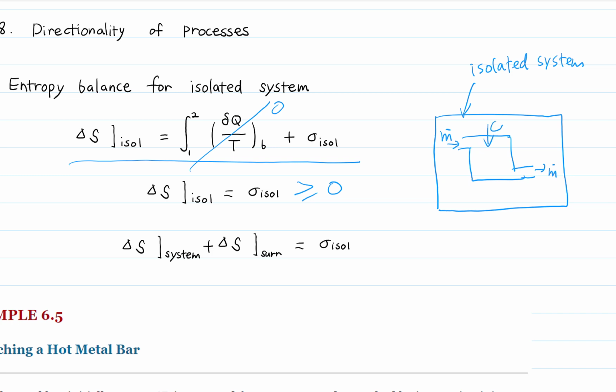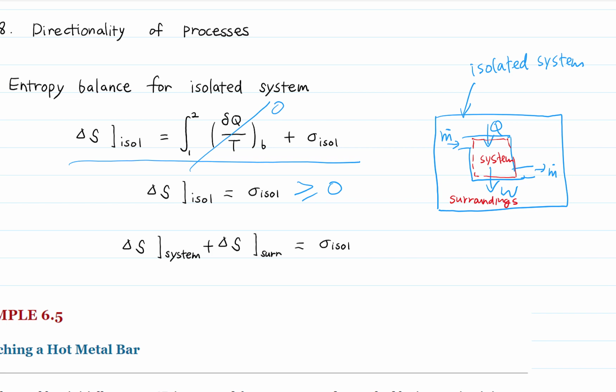Also, there's a heat transfer to the system. Also, work is done by the system. So this is the system and this is the surrounding. So the surroundings of the system are also within the isolated system.